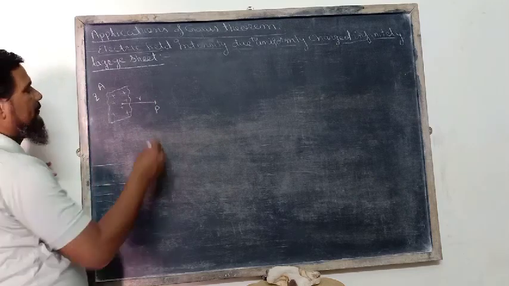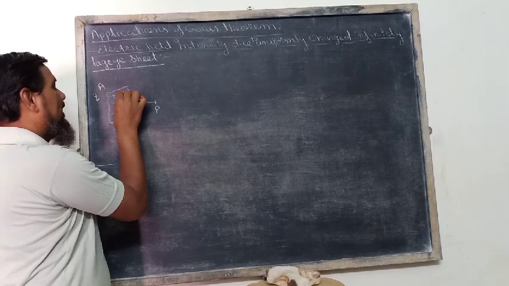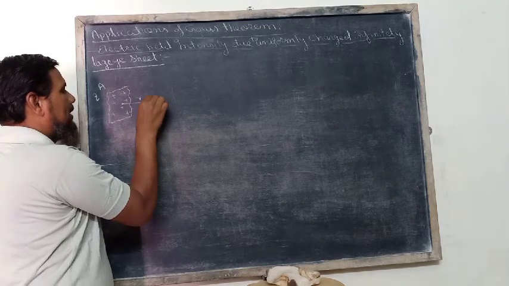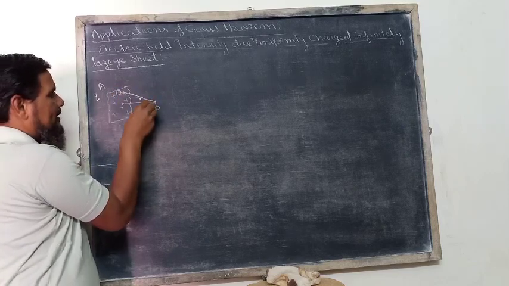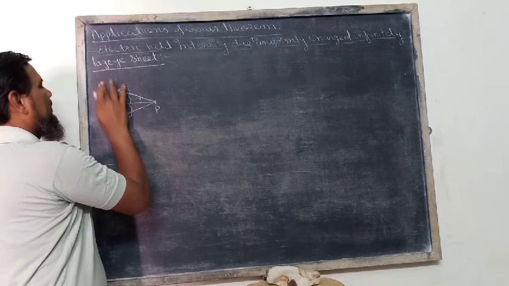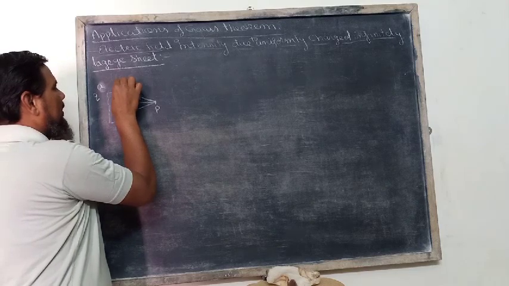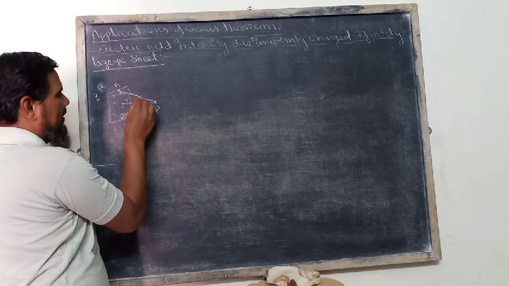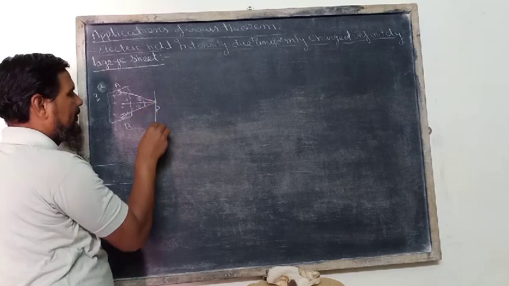For the direction, we divide the whole sheet into very small area elements, and we consider two area elements at equal distance from the point P. Let these be A and B. This angle is theta, and this angle will also be theta because the distances are equal.